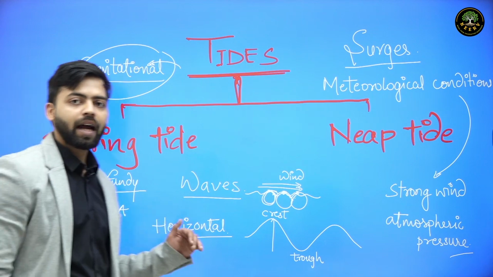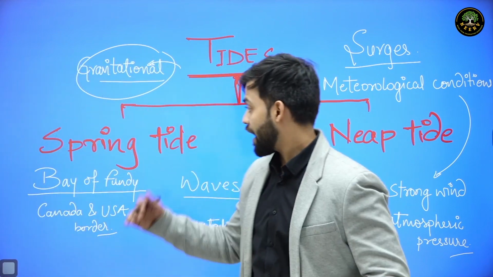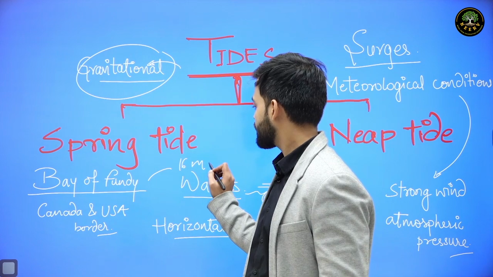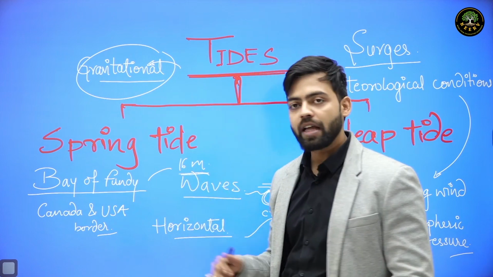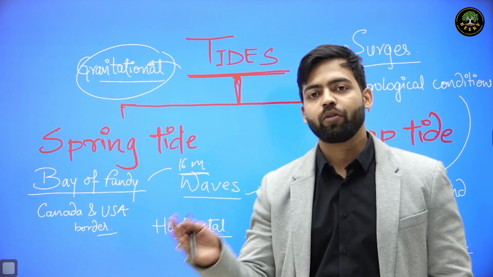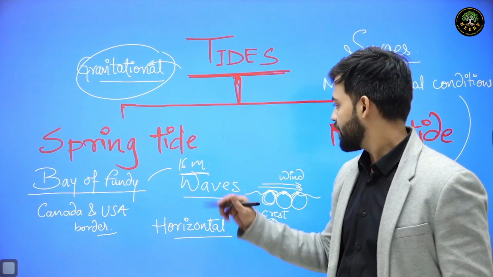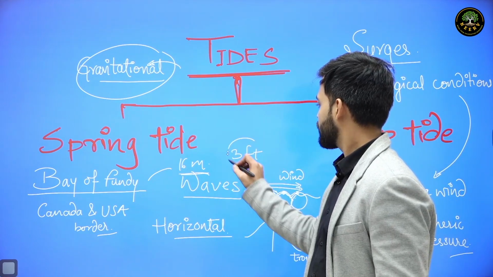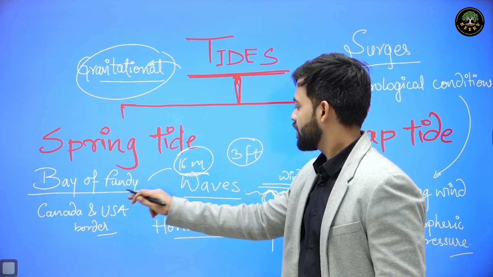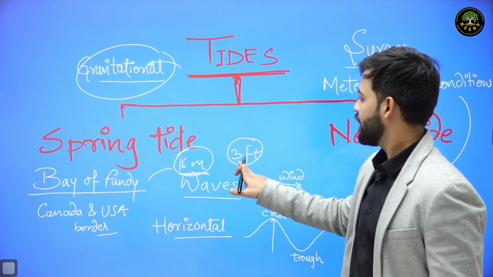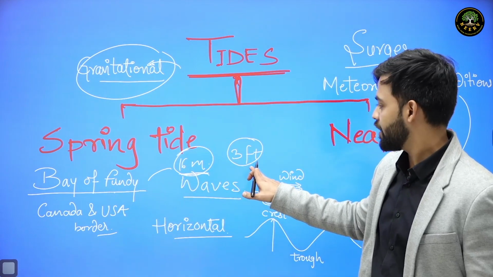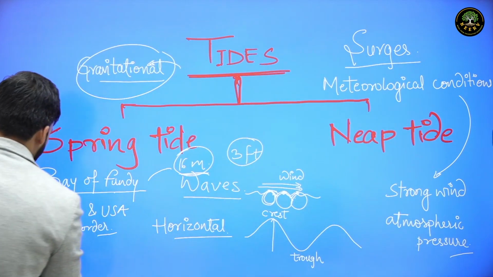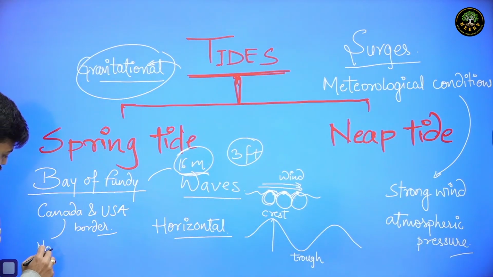The average height of high tide in Bay of Fundy is around 16 meters, whereas the average height across the world is 3 feet. So that is the difference between the high tide in Bay of Fundy and the average tides across the world. These are found near Nova Scotia region.